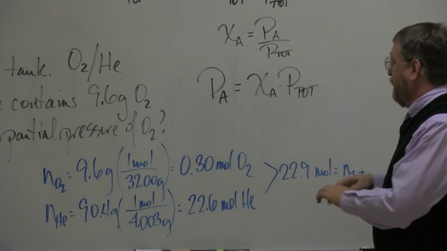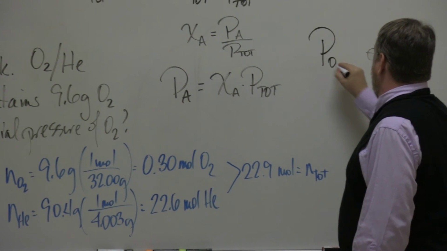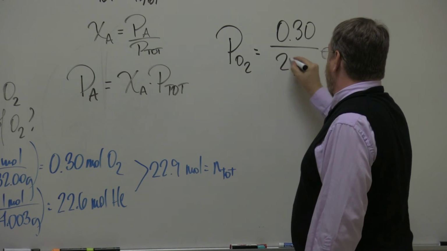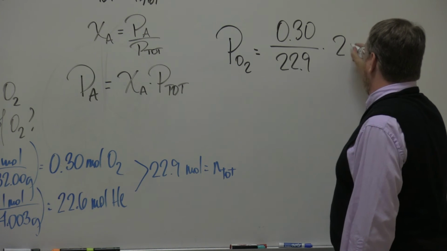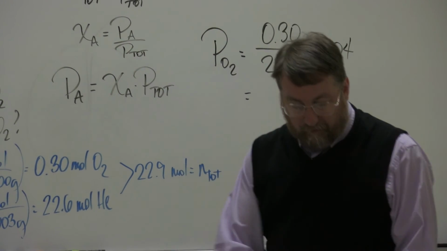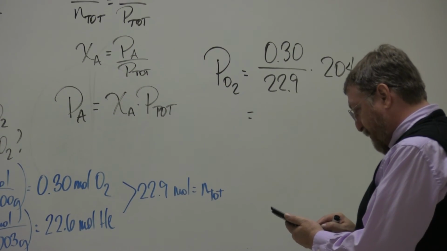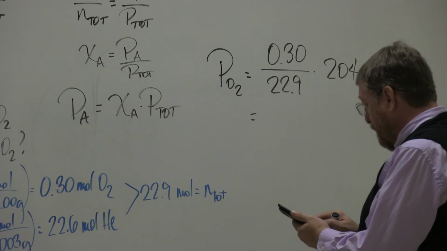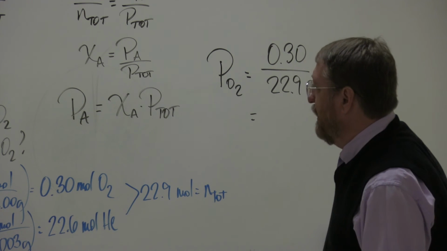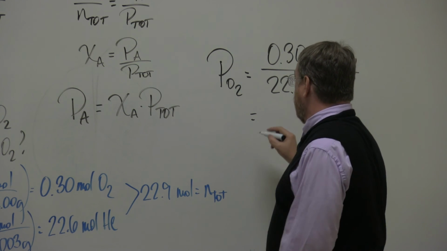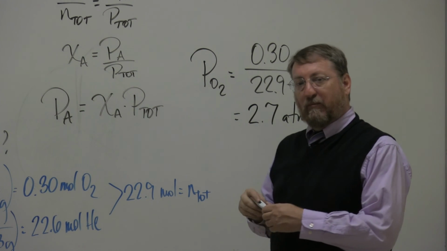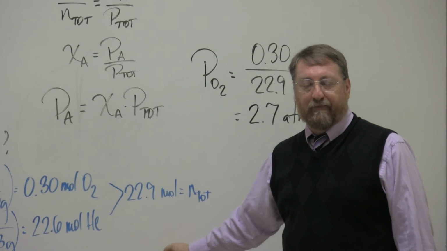The partial pressure of oxygen equals the mole fraction, which is 0.30 divided by 22.9, times 204. So what's that going to give me? Punch that out. 2.67 atmospheres are from the oxygen. I'll just round that to 2.7. So 2.7 atmospheres is from the oxygen.